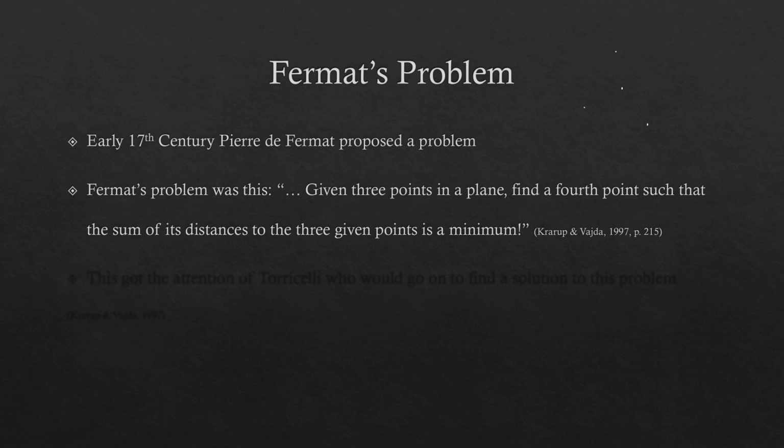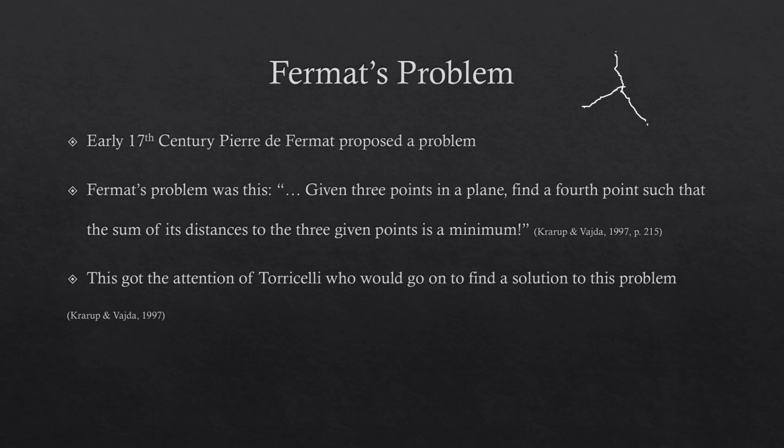So he wanted to find a fourth point so that the distances between the 3 points were at a minimum. This problem got the attention of Torricelli, who would go on to find a solution.